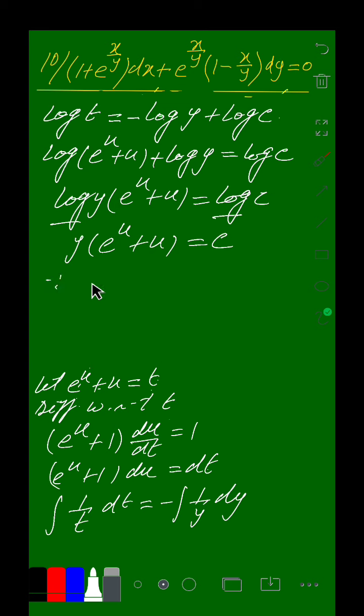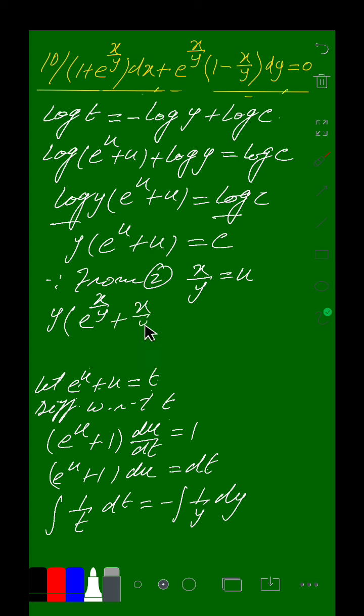Now since from equation number 2 x upon y is equal to u, so replacing u by x upon y, we get y bracket e raised to the power x upon y plus x upon y is equal to c.